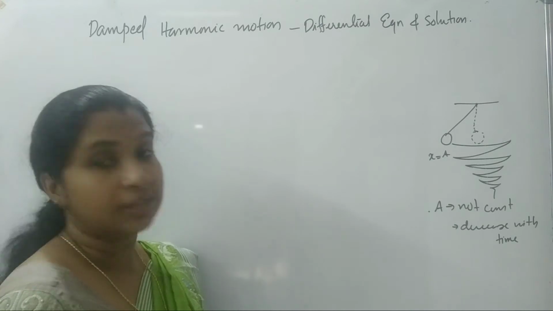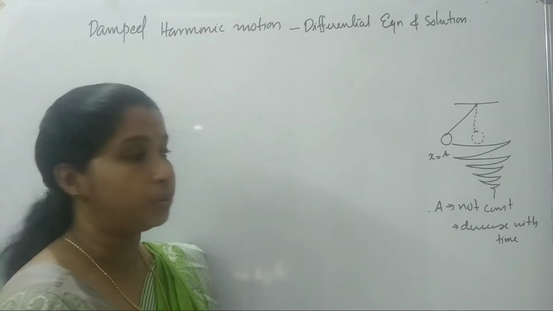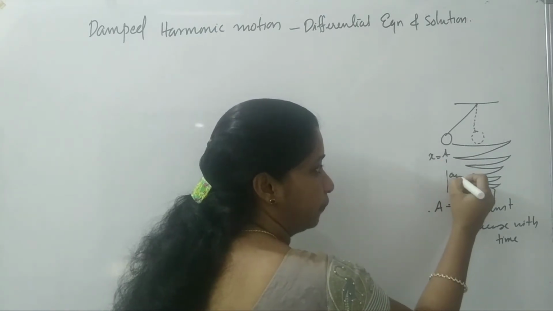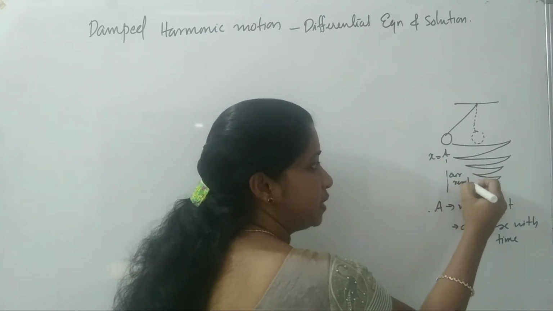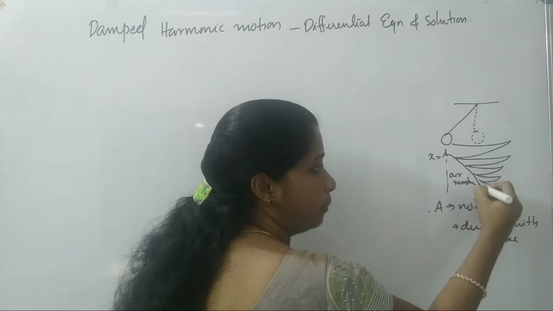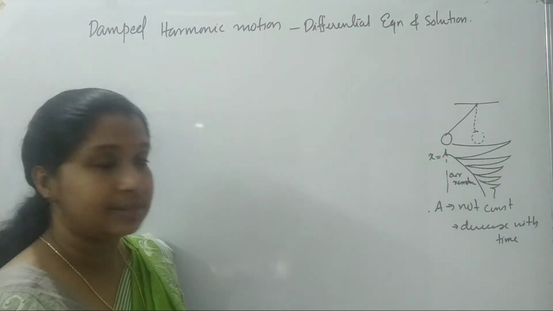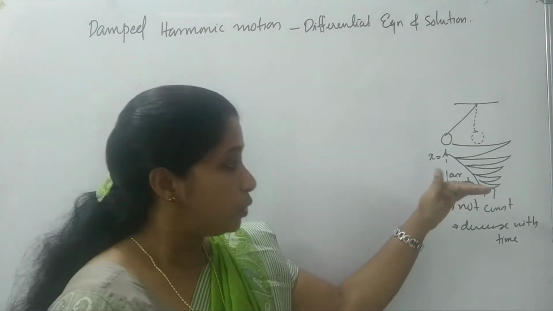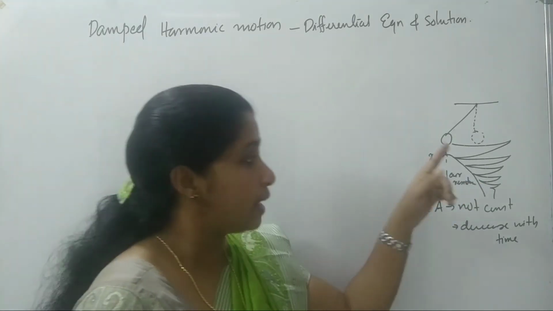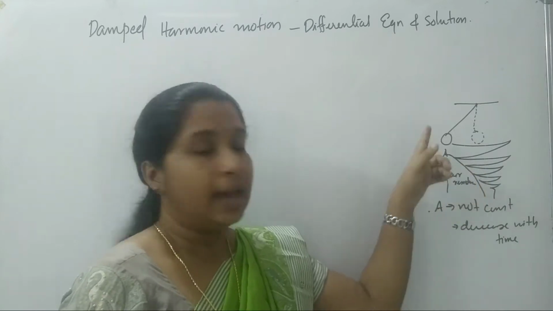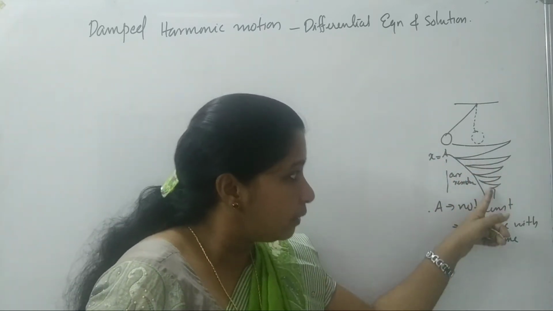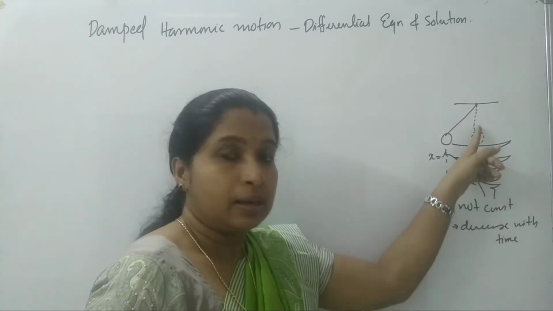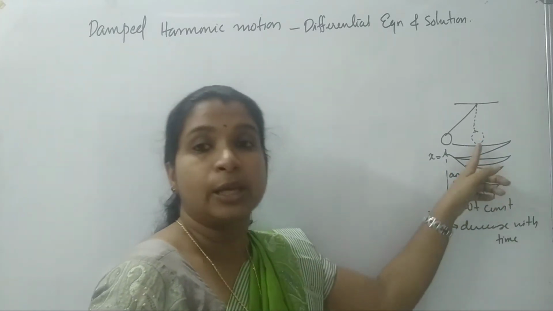What's the reason for this decrease of amplitude? Here air resistance is there. So due to the presence of air resistance, amplitude decreases. This air resistance is like a frictional force. It opposes the motion. So due to the presence of air resistance, amplitude decreases, and when time increases, the body comes back to the equilibrium position.